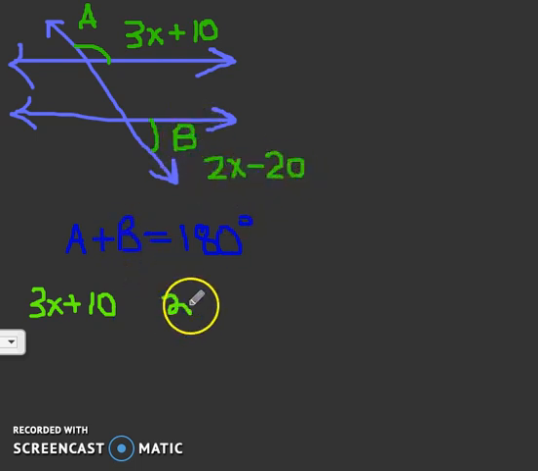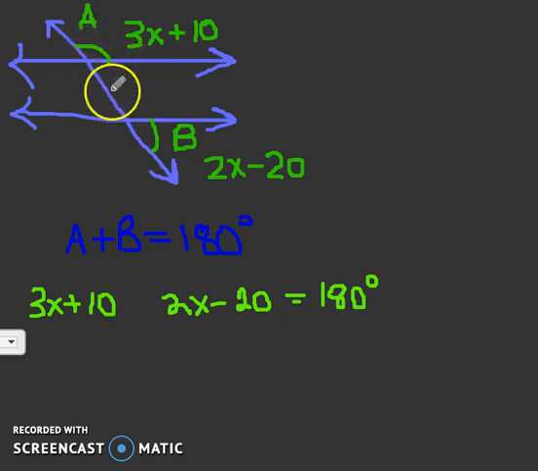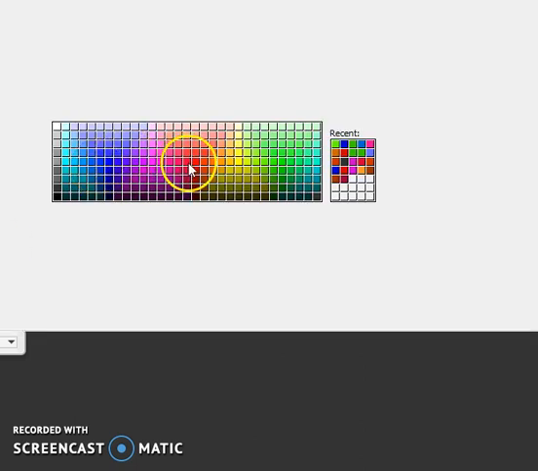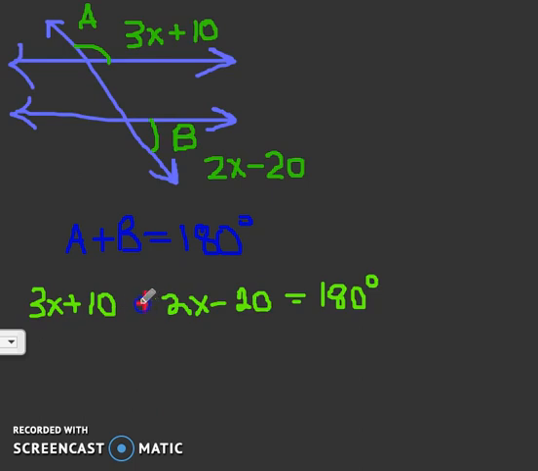So I'm going to substitute in there 2x minus 20, and I'm going to add those two things together and make them equal to 180 because they add up to a line. They add up to a straight line. Add them together. So how do I solve a problem like this?